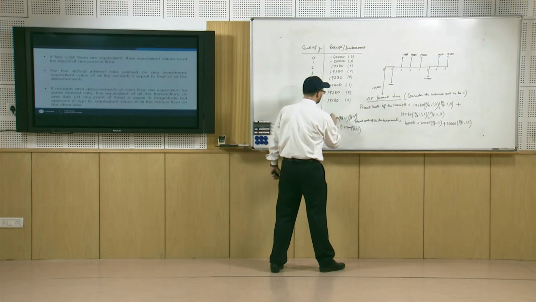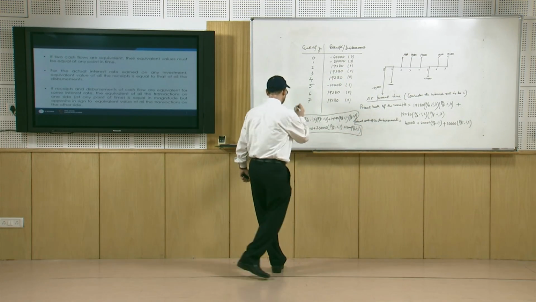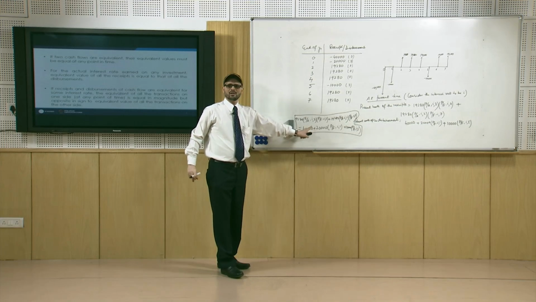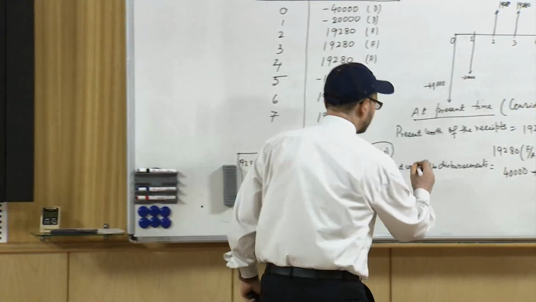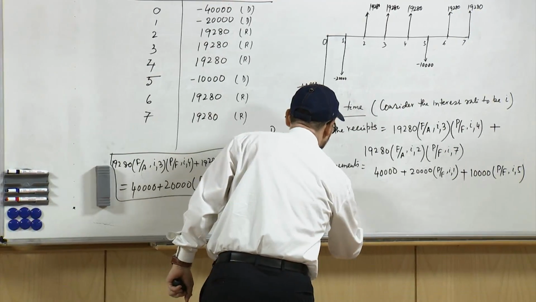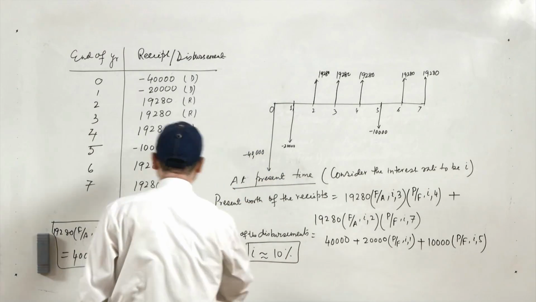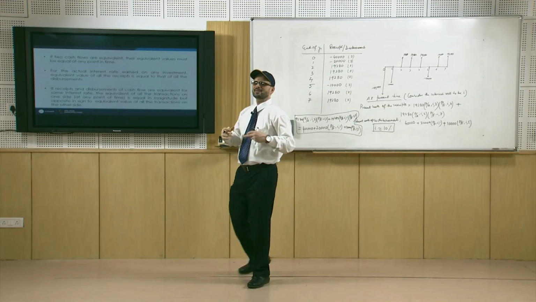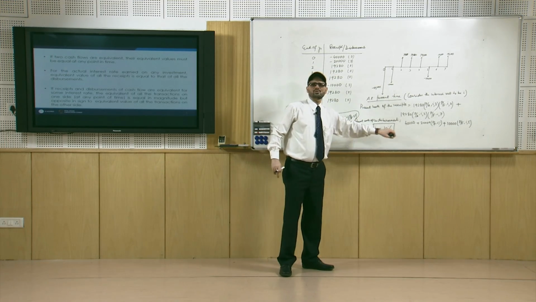Once you solve this equation using the trial and error method, you get I as 10%. This is left to you as an exercise, to find by trial and error, and this gives you the result I equal to 10%.